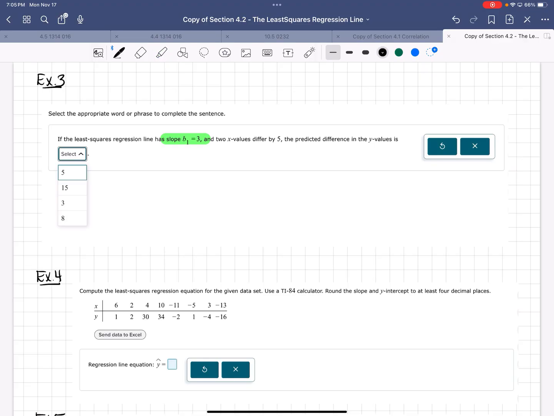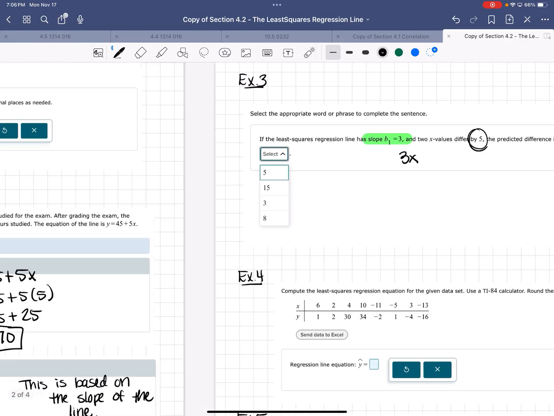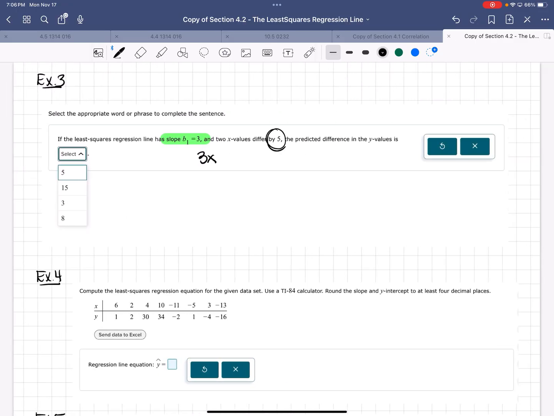That means I have a 3x. And 2 x values differ by 5. The predicted difference in the y values is, okay, guys, this is just like example 2 with Jeremy and Emma.